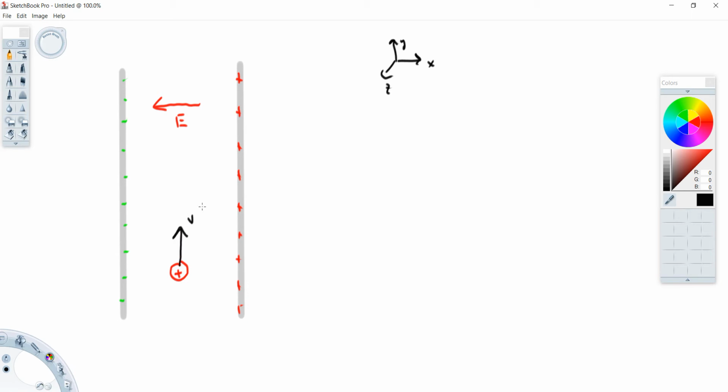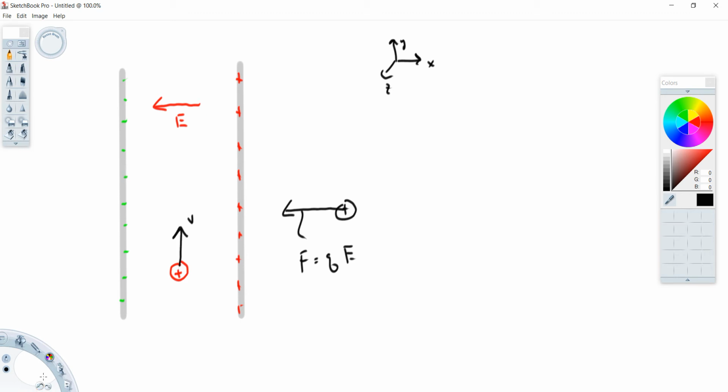Now, if we draw a free body of this, the Coulomb force acting on it is going to equal the charge of this object times the electric field strength, and that's going to be to the left. So we get that force equals whatever the charge of this particle is times whatever the field strength is. If no other forces were acting on this particle, it would crash and burn over here somewhere.